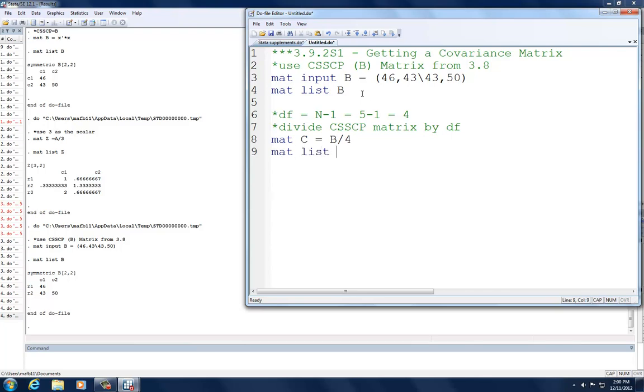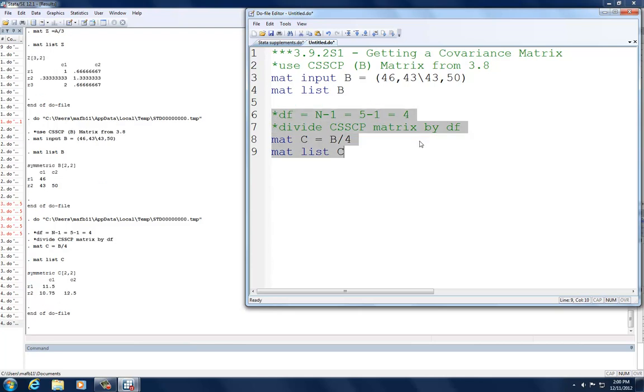And let's take a look at that. And our covariance matrix has the values of 11.5, 10.75, and then the second row 10.75 and 12.5, which is what we got by hand. And that's a very fast, easy, good way to get a covariance matrix in Stata.